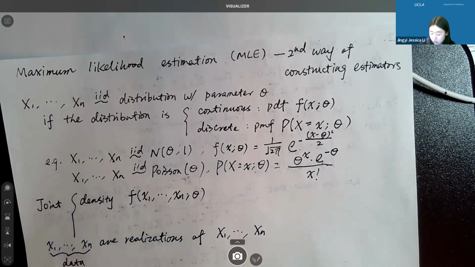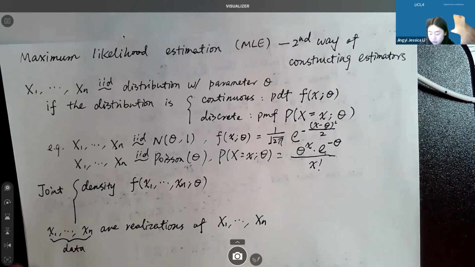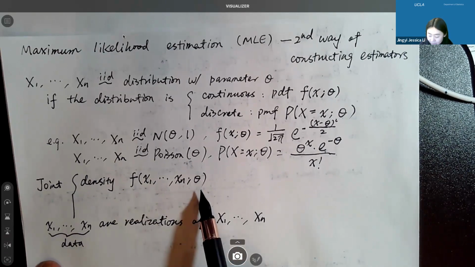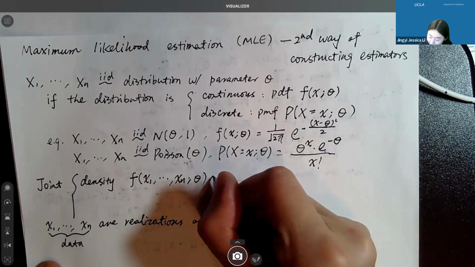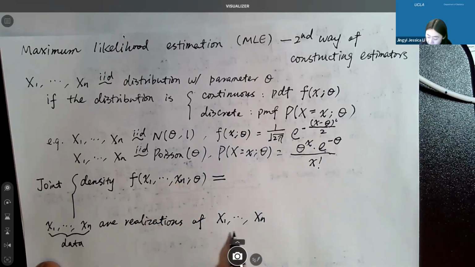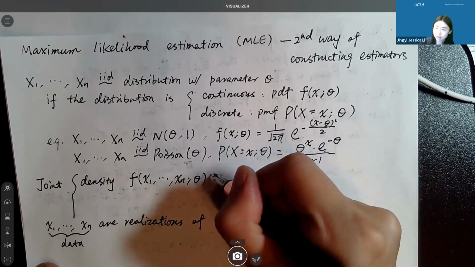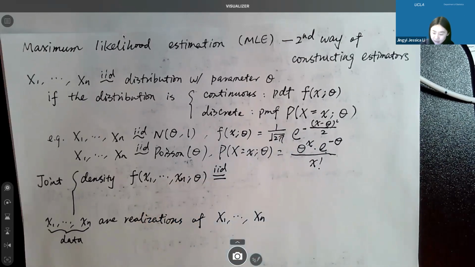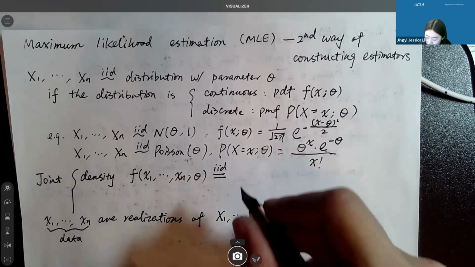Given the n numbers, if you are interested in their joint probability density, we can write it this way. And now we're going to say that they are IID. Because of this property, we're going to factorize this joint density into the product of each random variable's density.